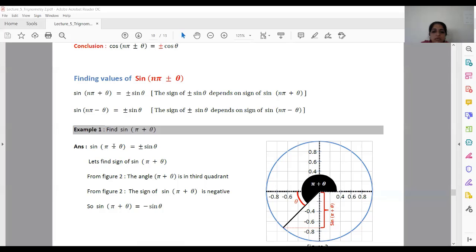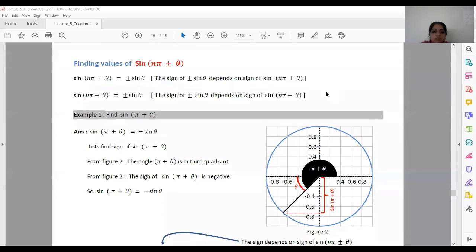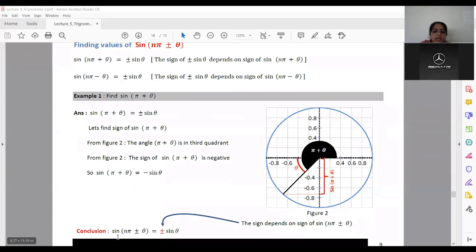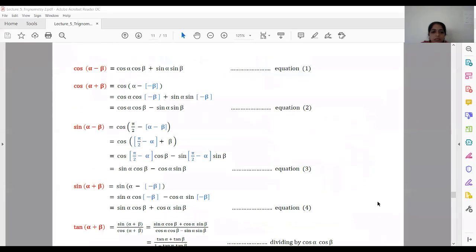Here, pi plus theta means it is in the third quadrant, and in the third quadrant, the sign of sine is negative. So our answer will be negative. So the conclusion: for sin of n pi, the function remains the same, but it is positive or negative depending on the left hand side, that is sin of n pi plus or minus theta.